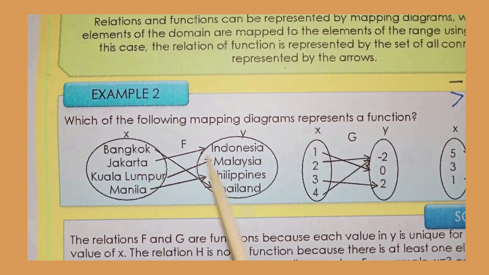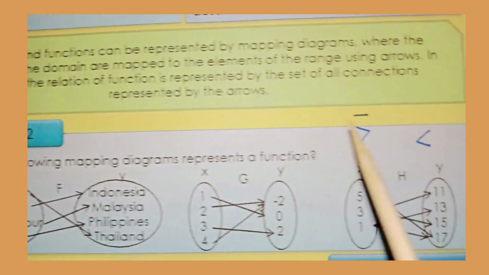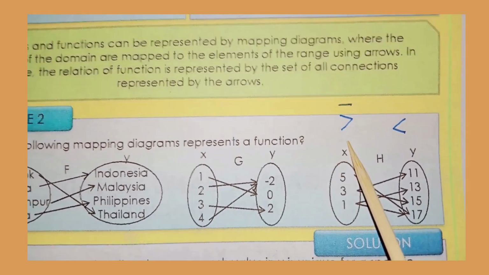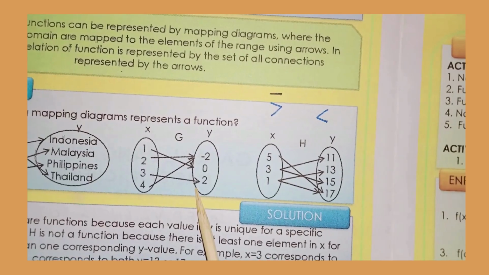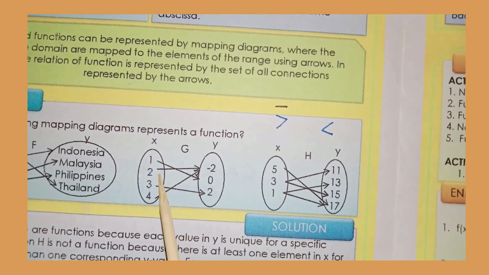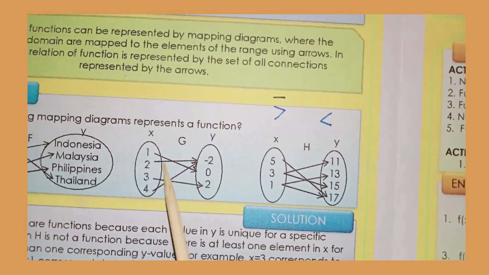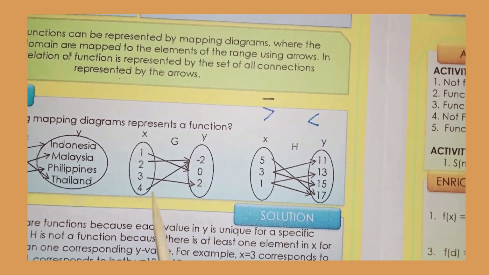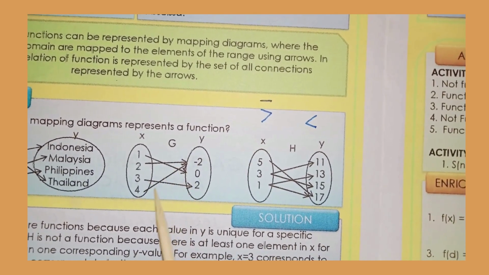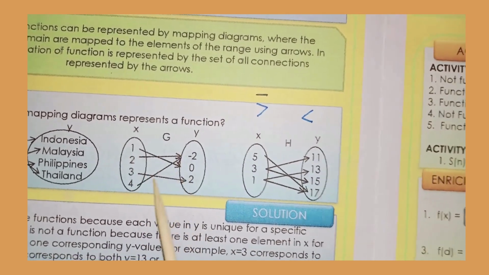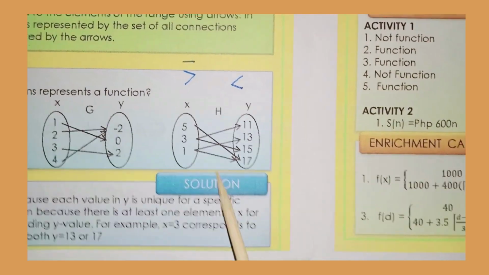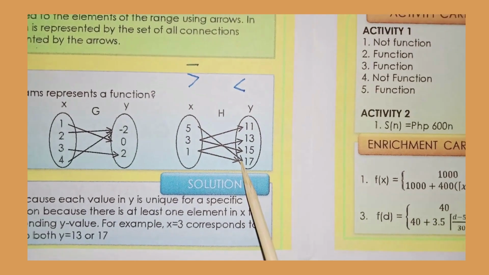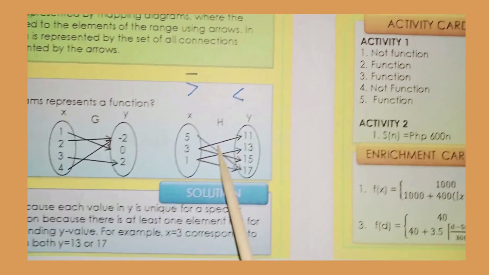So, dahil straight line lang sila, kasali siya sa function. So, the first one is function. Next, tingnan natin ito. Kung mapapansin nyo, merong straight line at meron ding symbol na ganito. Ganito yung itsura niya. So, dahil ganito yung itsura niya, ang tawag pa rin sa kanya ay function. And then last one, merong straight line. And then kung mapapansin nyo, merong symbol na ganito.